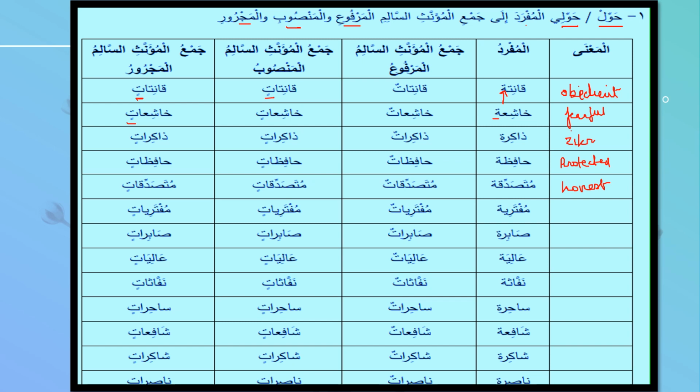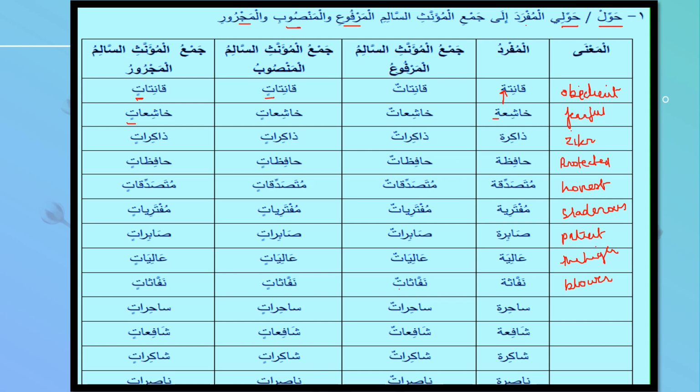Muftariya, the slanderous one. So muftariyat, muftariyatin, muftariyatin. Sabira, the patient one. Sabirat, sabiratin, sabiratin. Aliya, the high one. And aliyat, aliyatin, aliyatin. Naffatha, the one who blows. So I can say the female blower, the one who blows in the knots, the one who does the black magic.